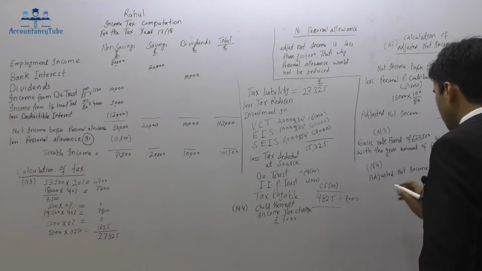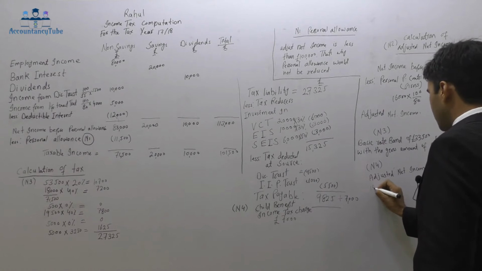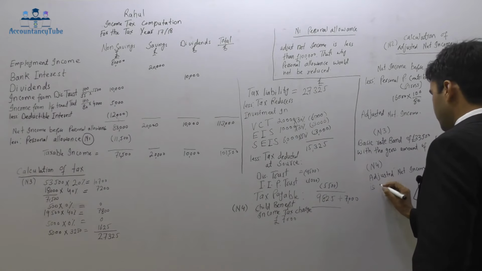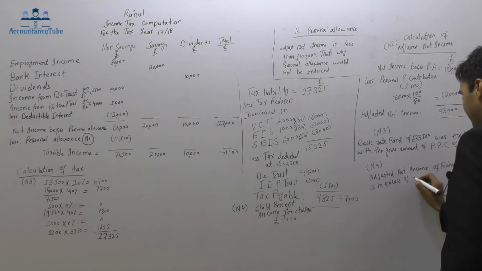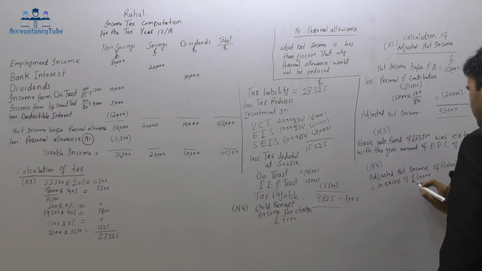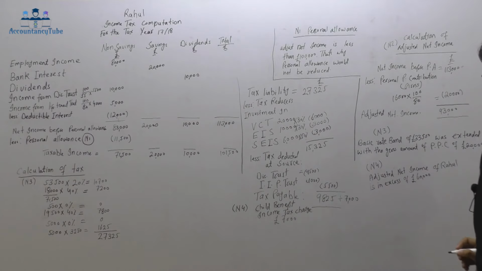Rahul is the taxpayer. Adjusted net income of Rahul is in excess of £60,000.